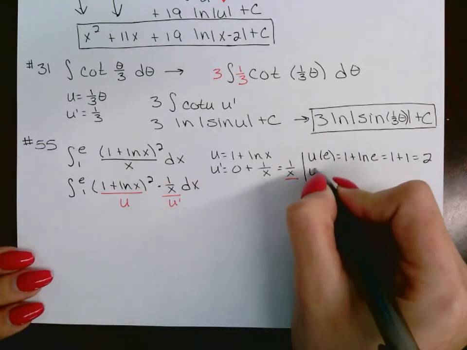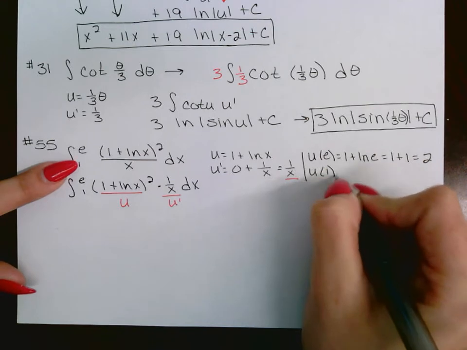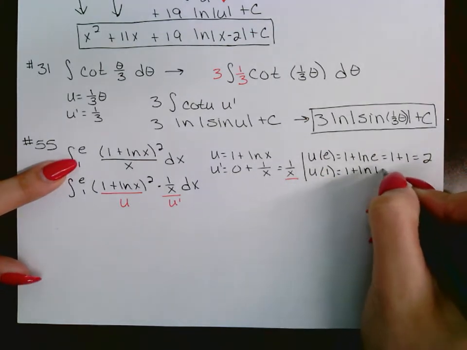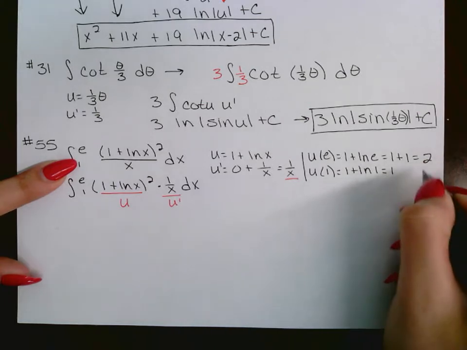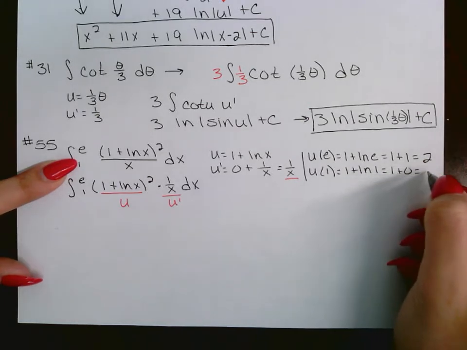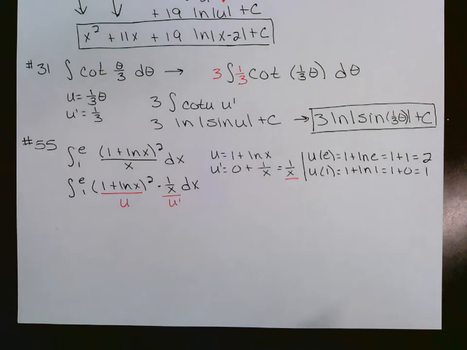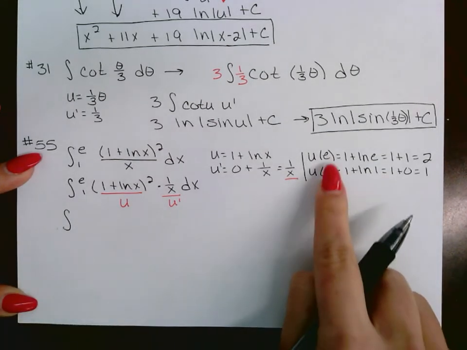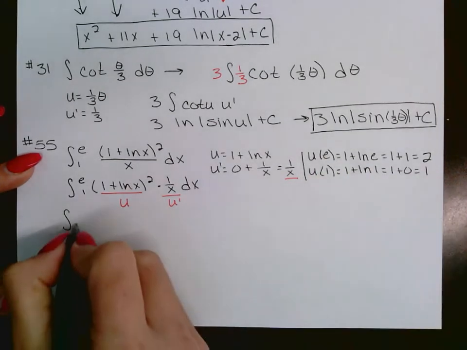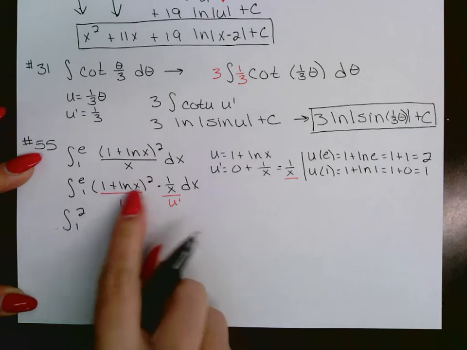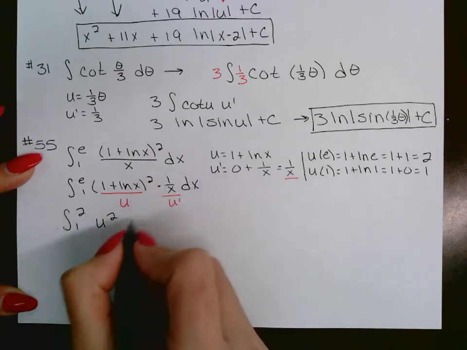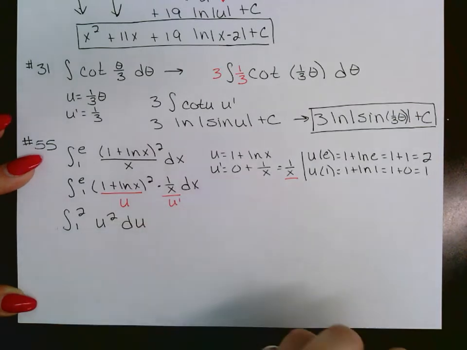U at 1 is 1 plus ln of 1. ln of 1 is? Good. So my new lower limit is 1. So the new question that I'm writing, you're going to see this get much shorter. It's the integral. Instead of from 1 to e, it's from 1 to 2. And then this becomes u squared, and this becomes du.